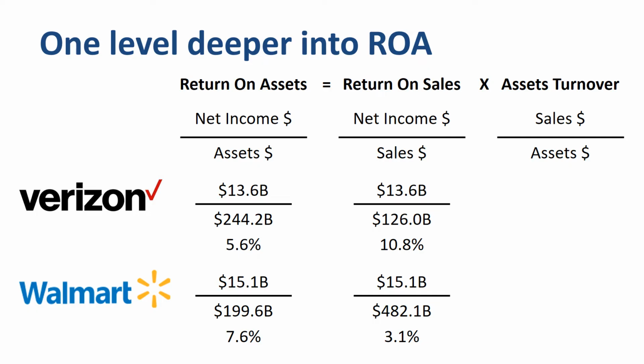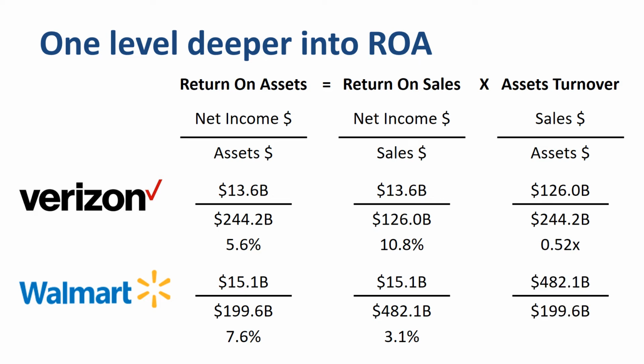Asset turnover for Verizon is $126 billion in sales divided by $244.2 billion in assets is 0.52. Asset turnover for Walmart is $482.1 billion in sales divided by $199.6 billion in assets is 2.42. Walmart's asset turnover or speed or velocity is much higher than Verizon's.